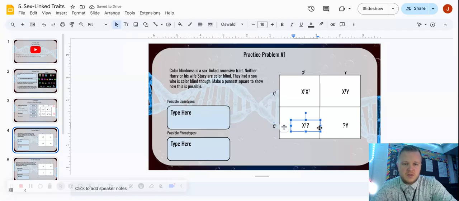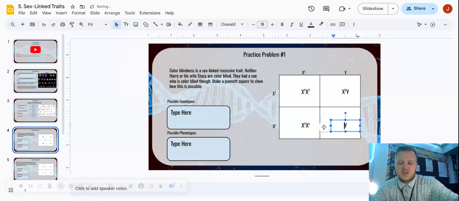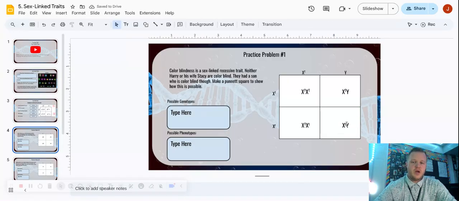And so now this daughter would be heterozygous, but she would have normal vision. So both daughters in this case would have normal vision because the dad can only give the X chromosome that has normal vision on it. So they're going to get at least one normal vision trait. This son, however, is going to get the X chromosome from mom, and it's going to be the lowercase. And so this one square would result in a colorblind child.